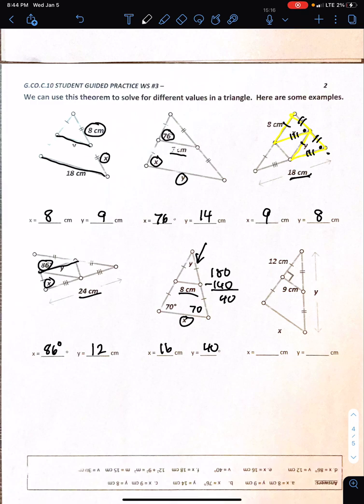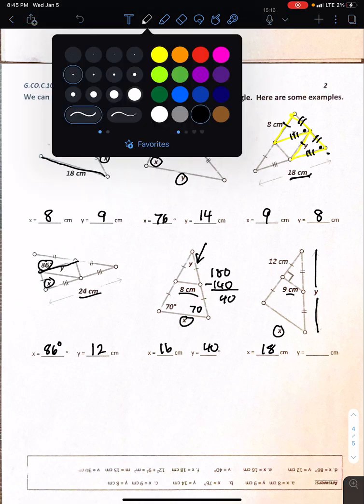And this last example, let's find x first. X is twice that, so we're going to have 18 centimeters. Okay, and then we have to find y. Y is the entire side of this big triangle. So what we actually need to do is find the hypotenuse of the smaller triangle first, and we can do that by using the Pythagorean theorem here.